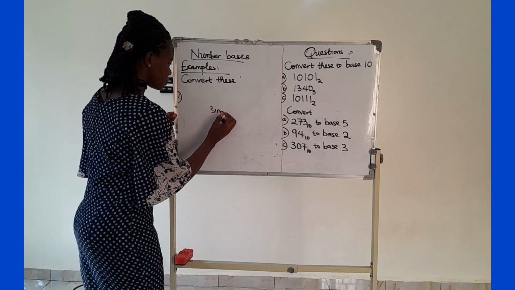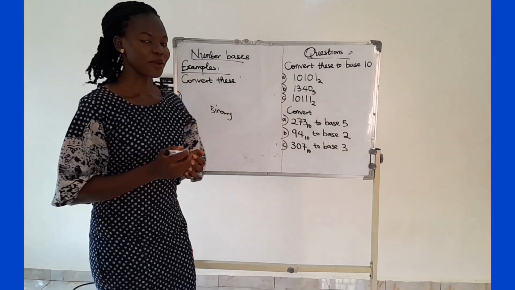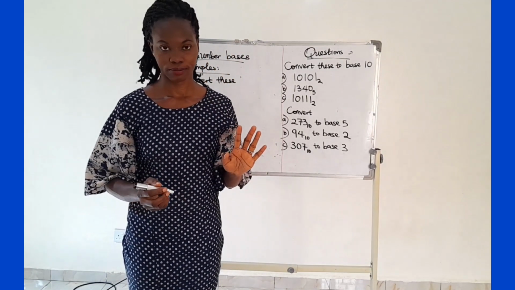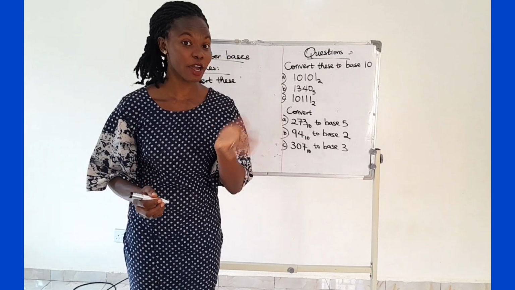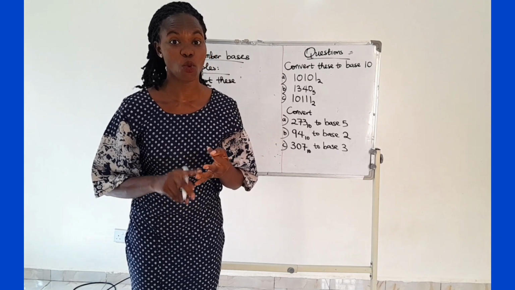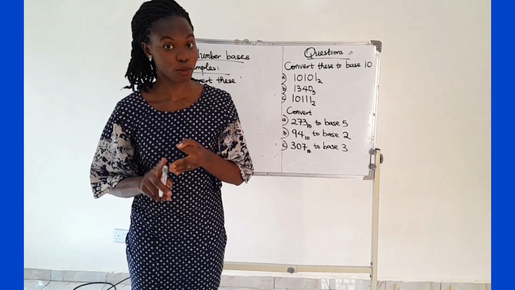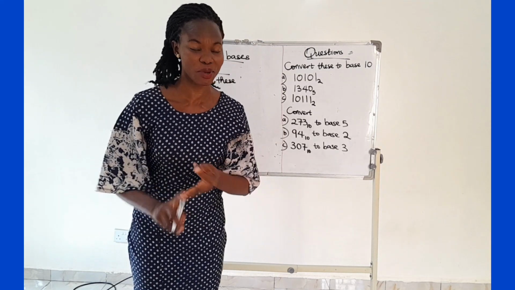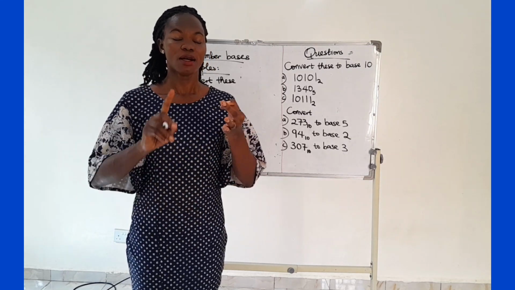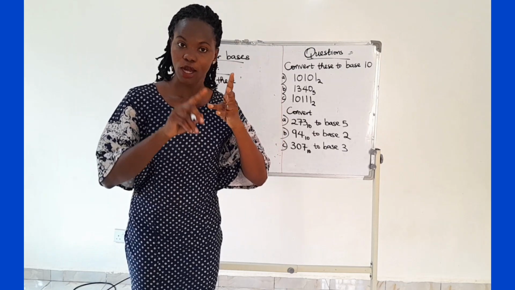Binary numbers have only 2 digits, 0 and 1. So 1 is the highest digit you find in a binary number. Then base 3 has 3 digits, 0, 1, 2. 2 is the highest digit for base 3. It's called ternary. We have base 4, the quaternary. It has 4 digits, 0, 1, 2, 3.